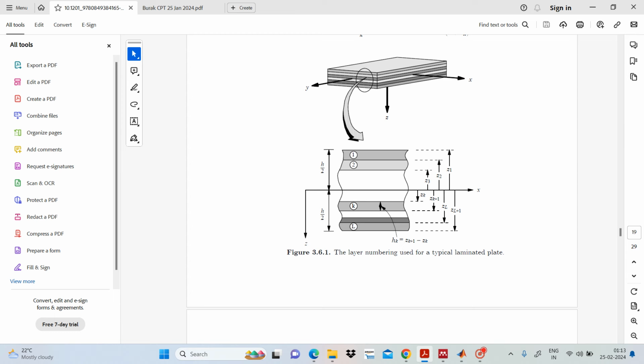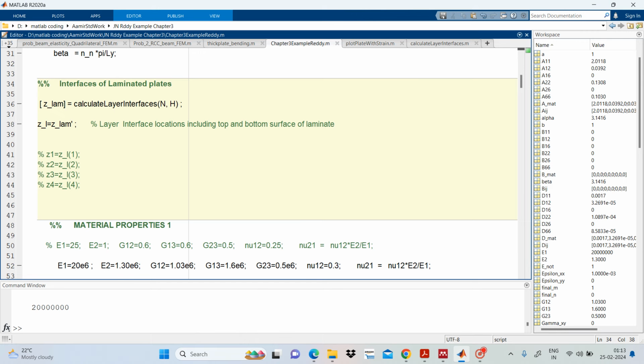So we want to get the coordinates of the interfaces. So we will calculate the layer interfaces. This is a function made to calculate the layer interfaces, and as input it wants the total number of layers and the thickness of the plate. Therefore we will get the location of the layer interfaces.